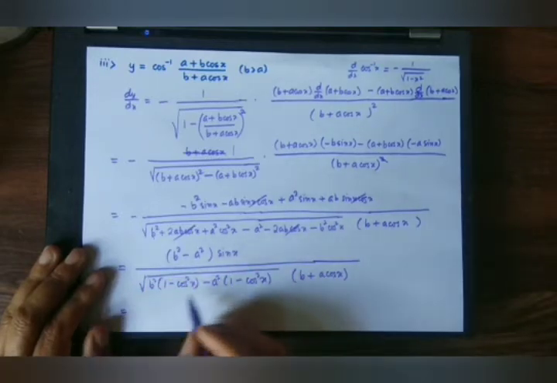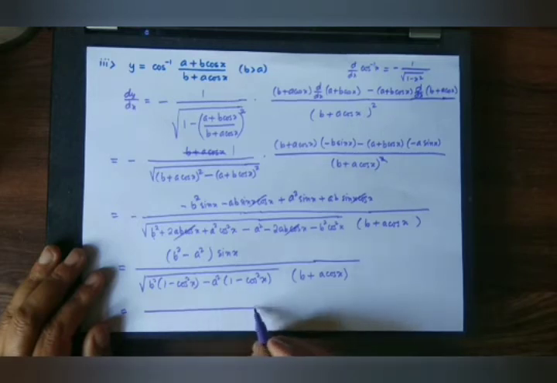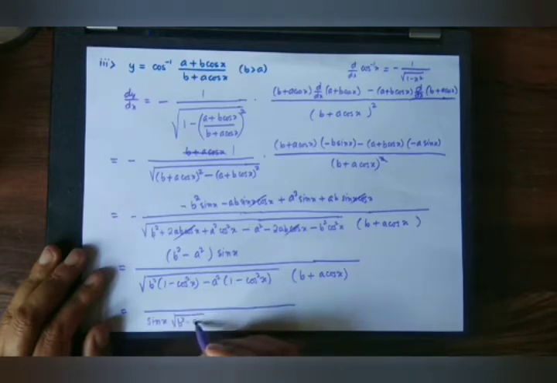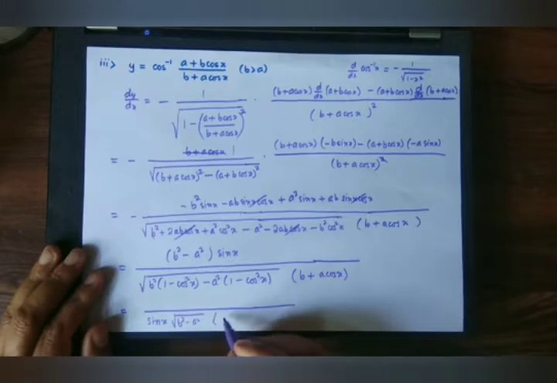So that's why you have sin x kept outside. So if sin x is kept outside, you have b square minus a square here, and here we have b plus a cos x, right?